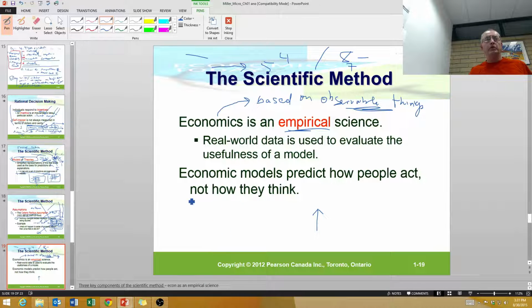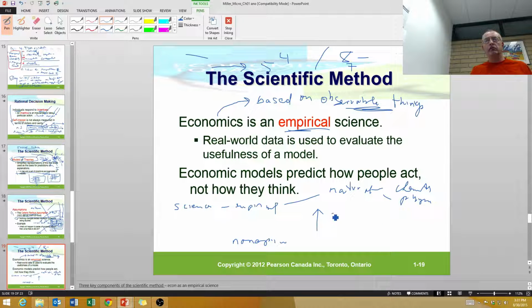So when we're talking about sciences, we have two branches of sciences. We have empirical and we have non-empirical. When we're talking about empirical, we have natural sciences, so we have things like chemistry and physics.